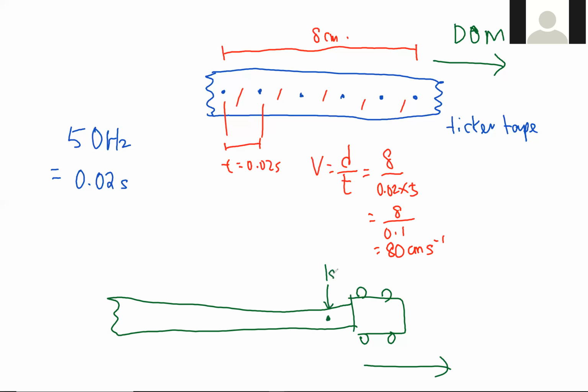This is the first dot. The second dot is here, and then followed by this one, third, fourth. This is when the direction of motion is to the right.